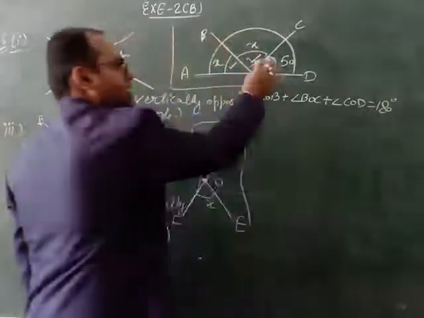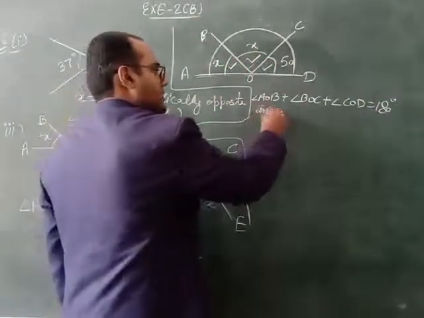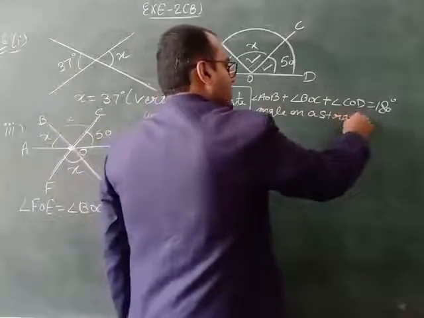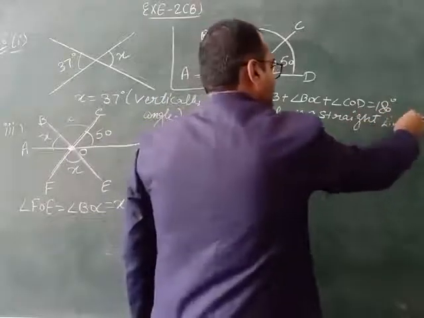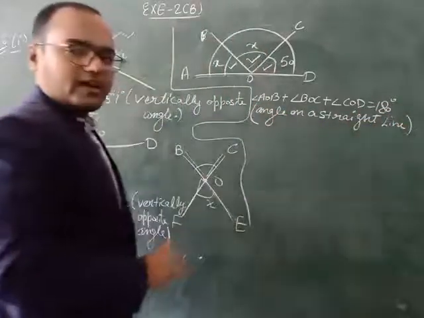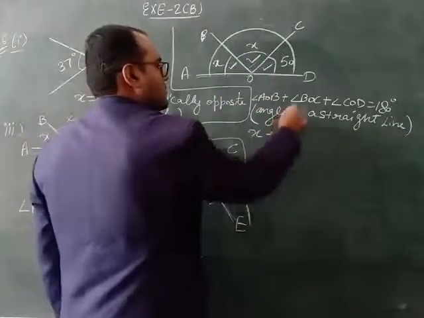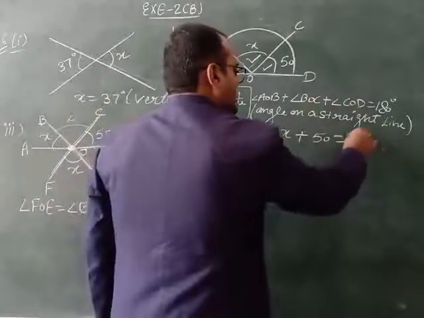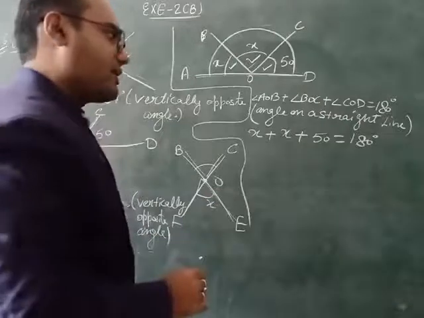The sum of these three angles we are taking as 180, and the name of the property is angle on a straight line. This property we are using. Now we have to write the values. AOB value is x, plus BOC value is also x, COD value is 50.